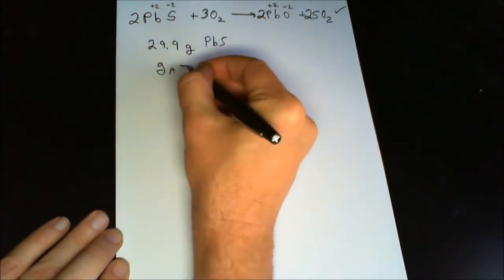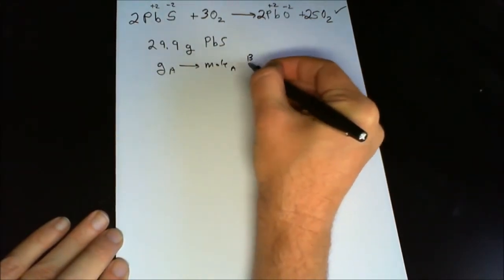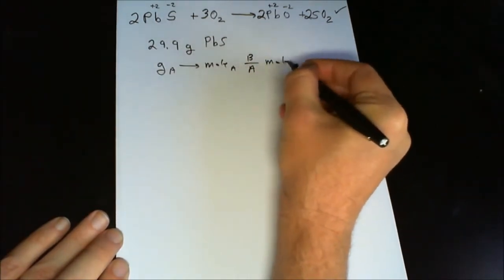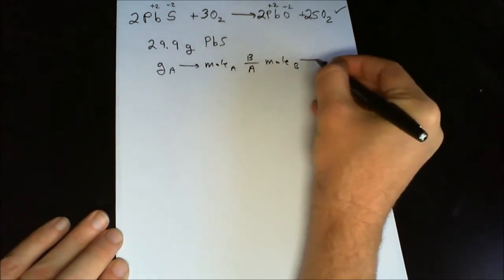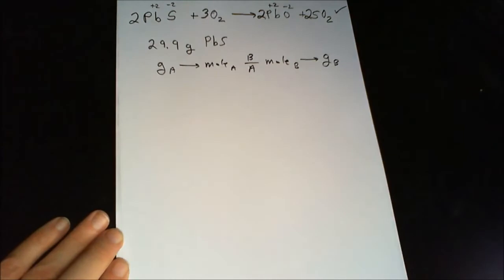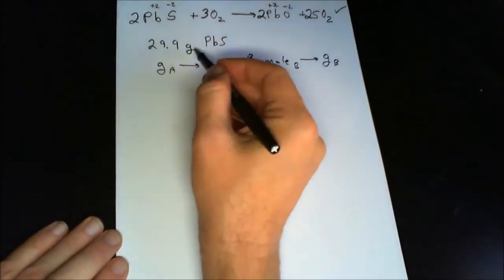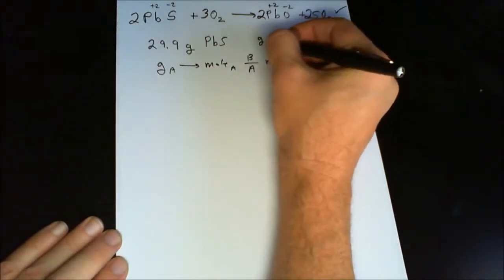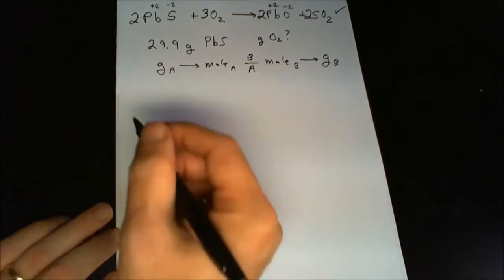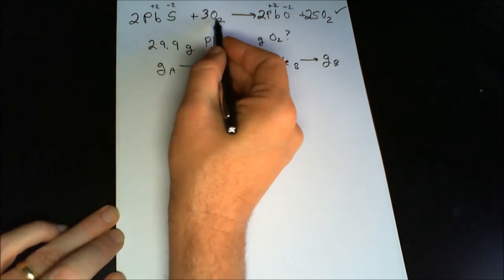Grams of A, you can get moles of A. We'll use our mole ratio of what we want over what we started with, and that'll give us moles of B. And then finally, once we have moles of B, we can get grams of B. Now we started out with 29.9 grams of lead sulfide, and we want to know how many grams of oxygen we need. And so we'll follow this, and our A is lead sulfide and our B is oxygen.